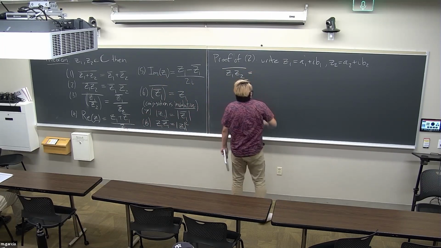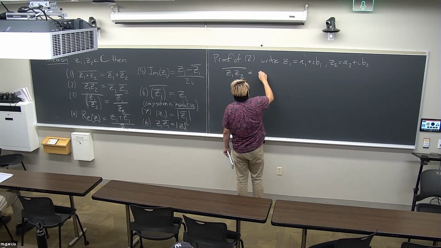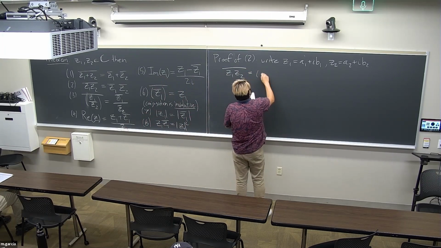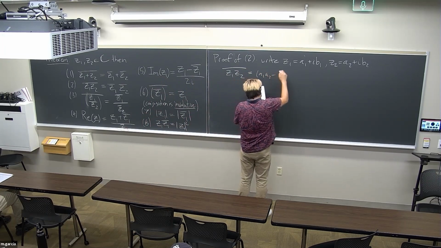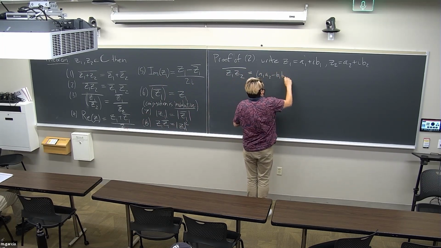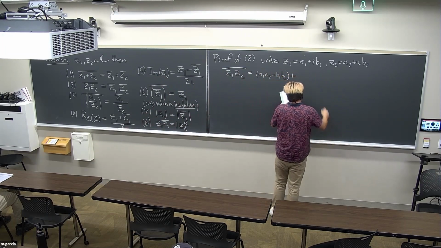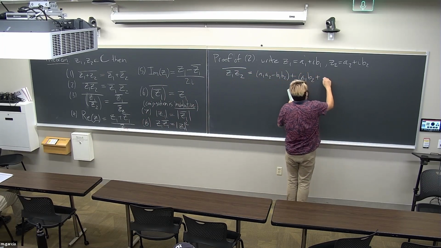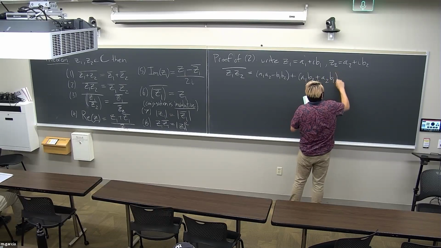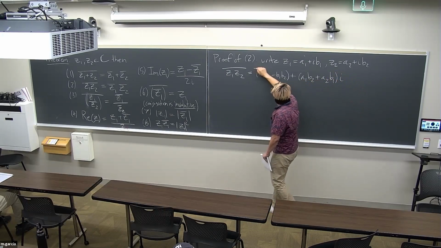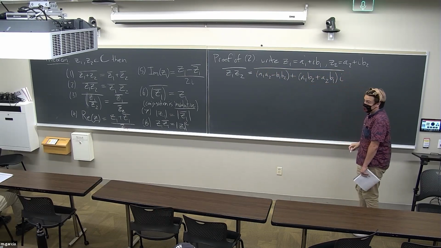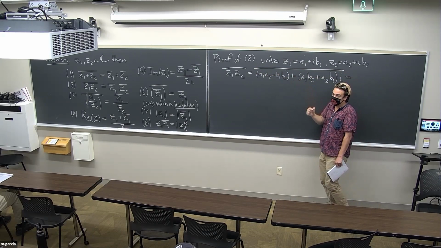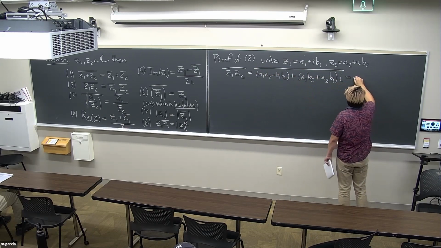By our formula for multiplication of complex numbers, what does this give us? We get a1 a2 minus b1 b2 plus a1 b2 plus a2 b1 times i, conjugate. Now I just flip the sign on the imaginary part. That's just the definition of conjugate.